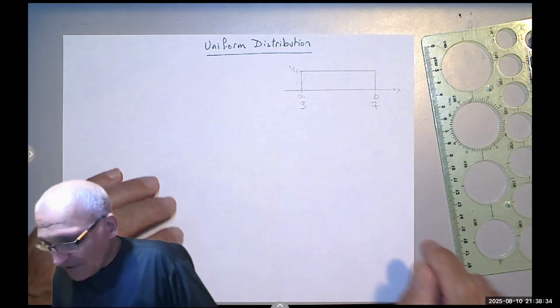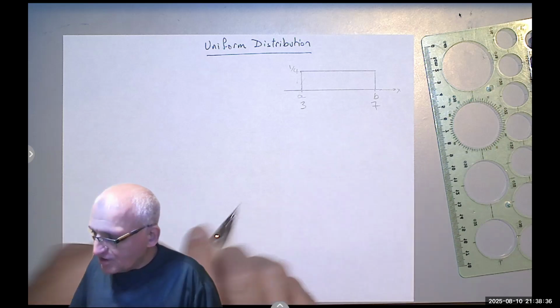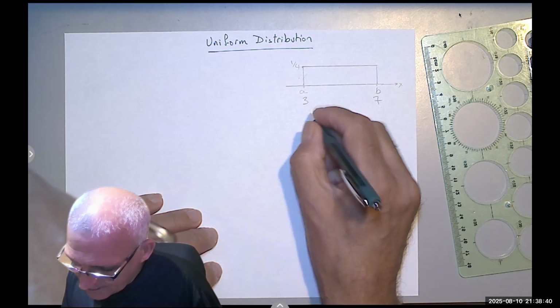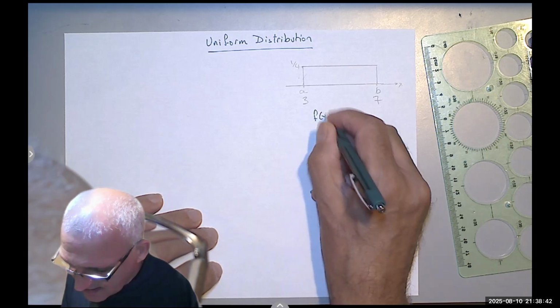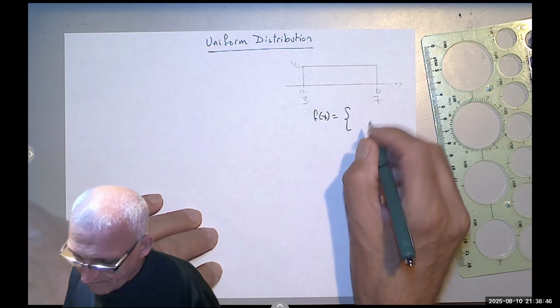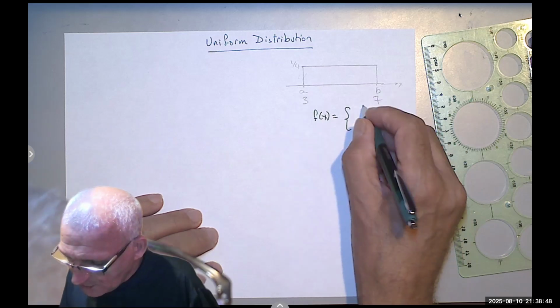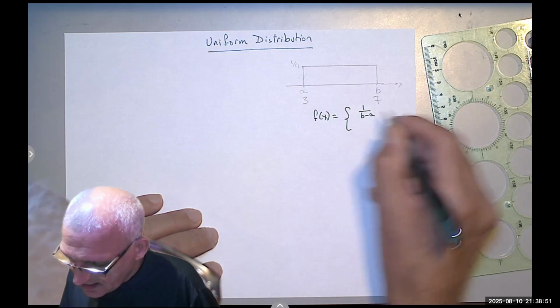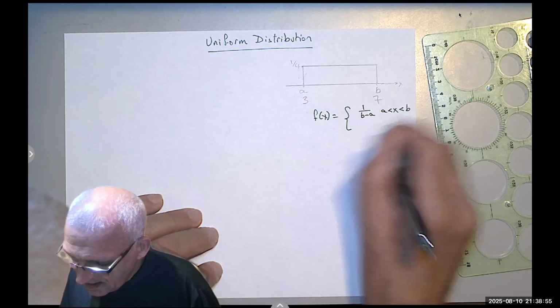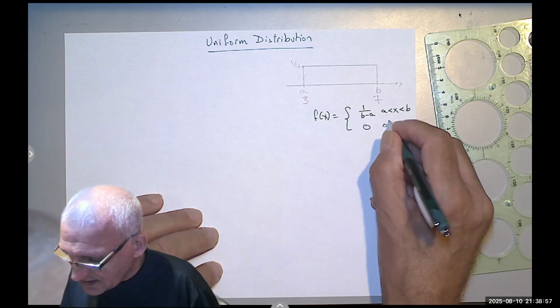Okay? So really, if we want to describe it mathematically, we would say f of x equals 1 over b minus a if x is greater than a and less than b, and it's 0 otherwise.